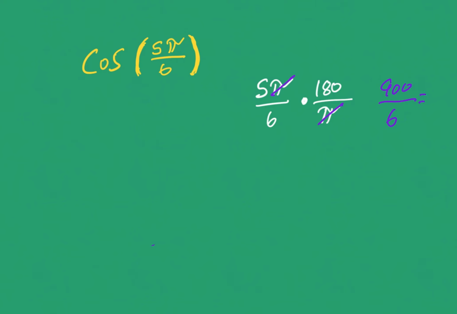And 900 divided by 6, you get 150 degrees. So now we know that cosine of 5 pi over 6 is going to give us the same thing as the cosine of 150 degrees. So now we can go through the process we went through yesterday.